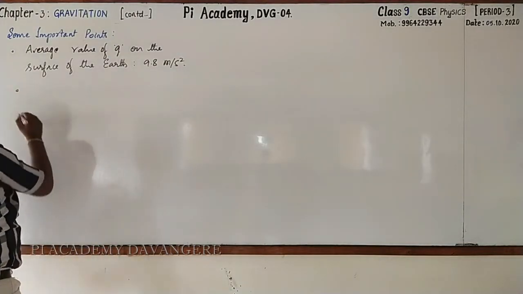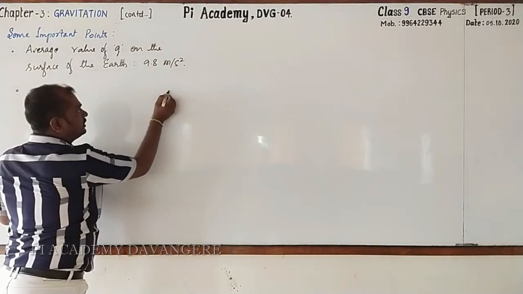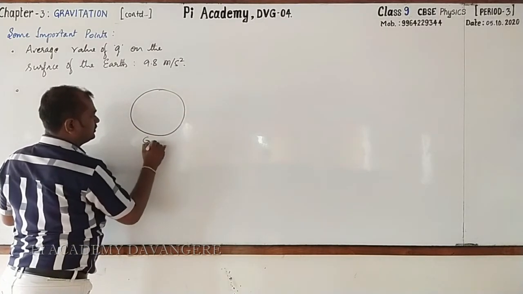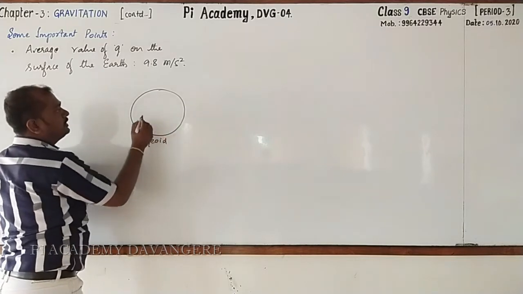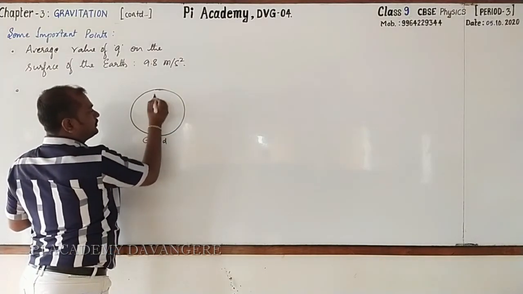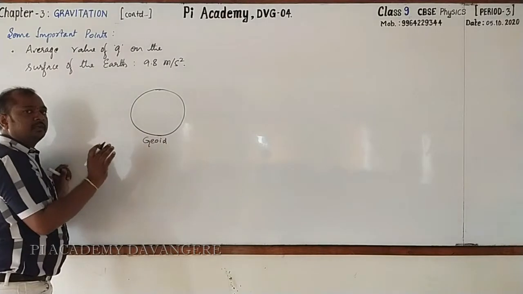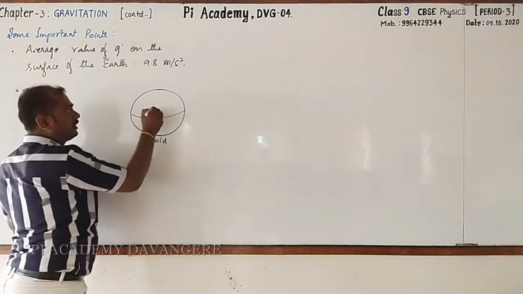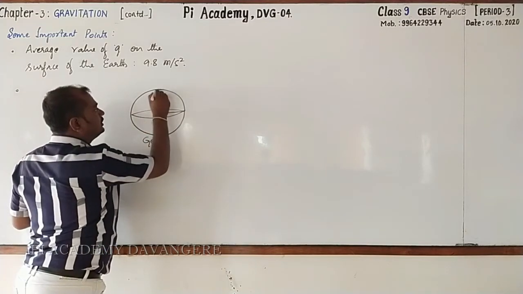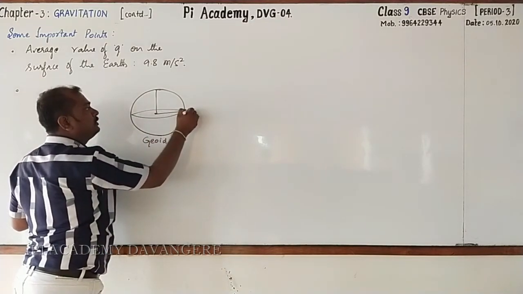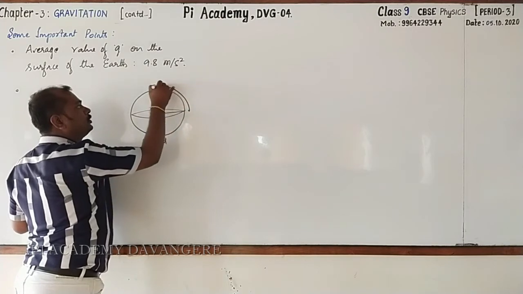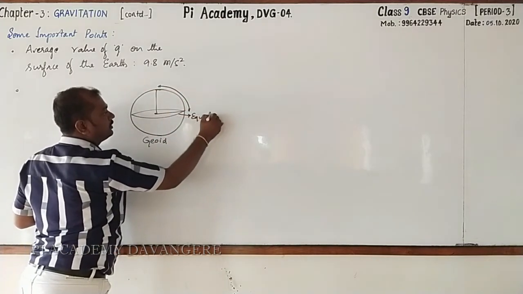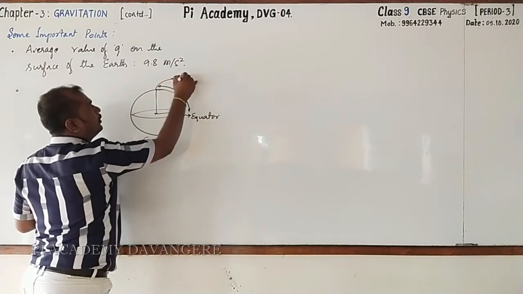We know that the shape of the earth is a geoid, because it is a little bit flattened at the poles and bulged at the equator. And we also know that the radius changes as we move from equator to the pole. See that this is the equator and this is the pole.